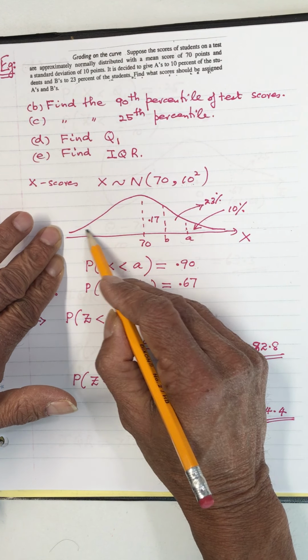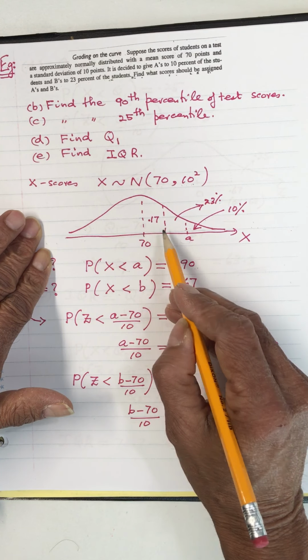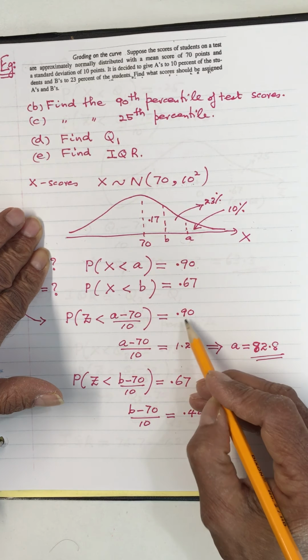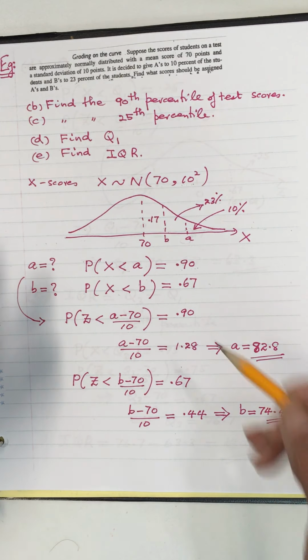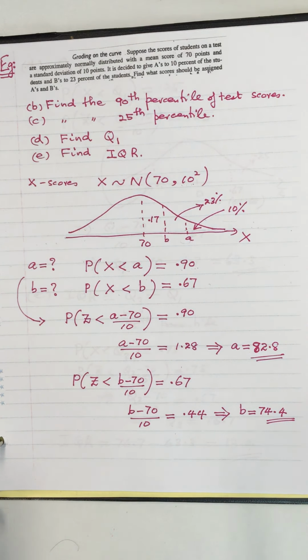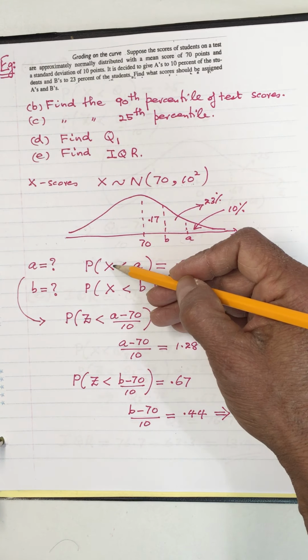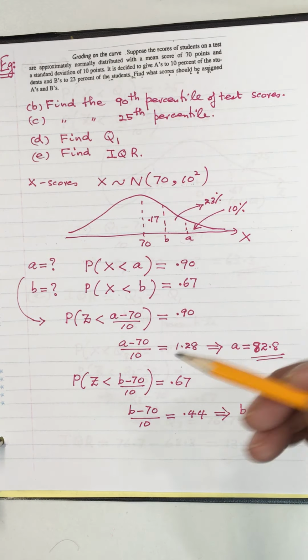We already know that this is 0.5. Area from here to here is going to be 0.67, 0.5 plus that, 0.67. So these are the two equations. Then after that, you convert into z and read the z table to get those values.